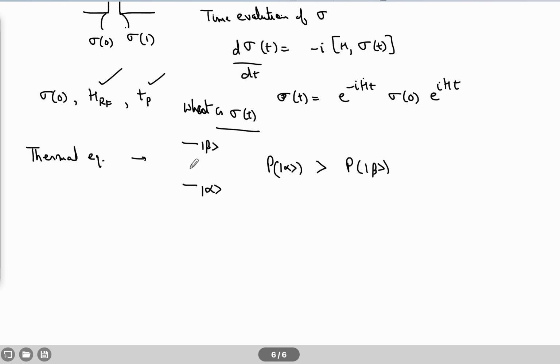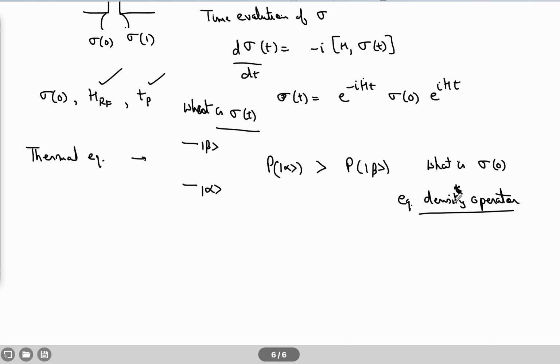Okay, now at this state we want to know what is sigma 0. Let's call it sigma 0 only. So this will be the equilibrium density operator, right?